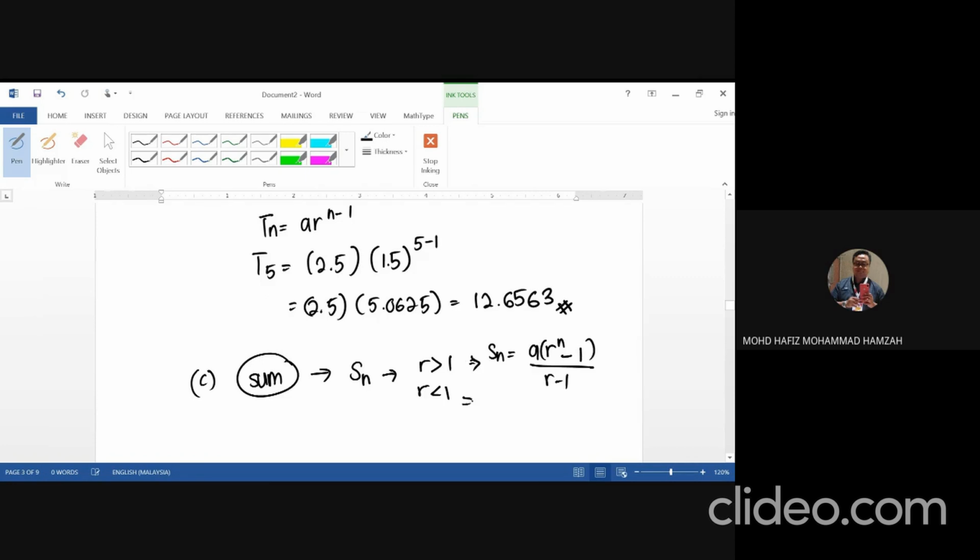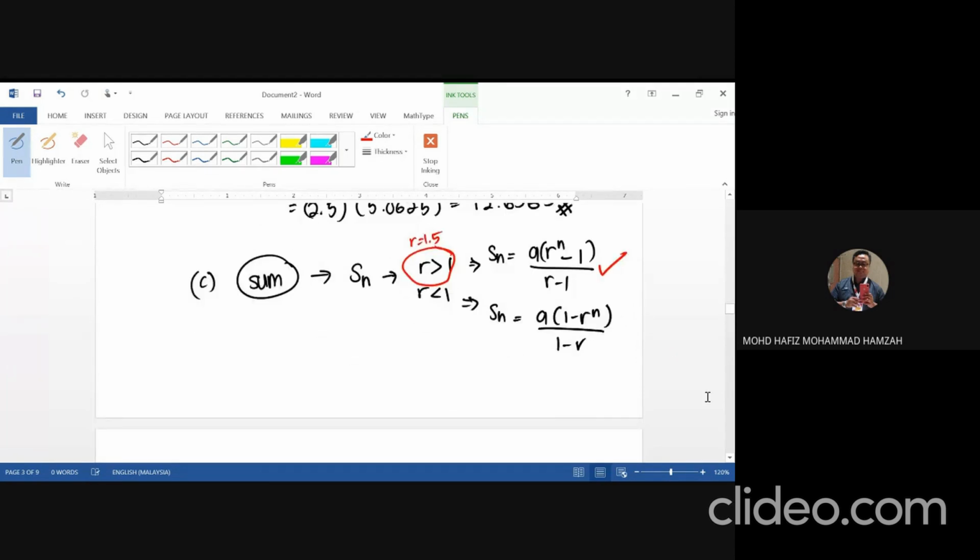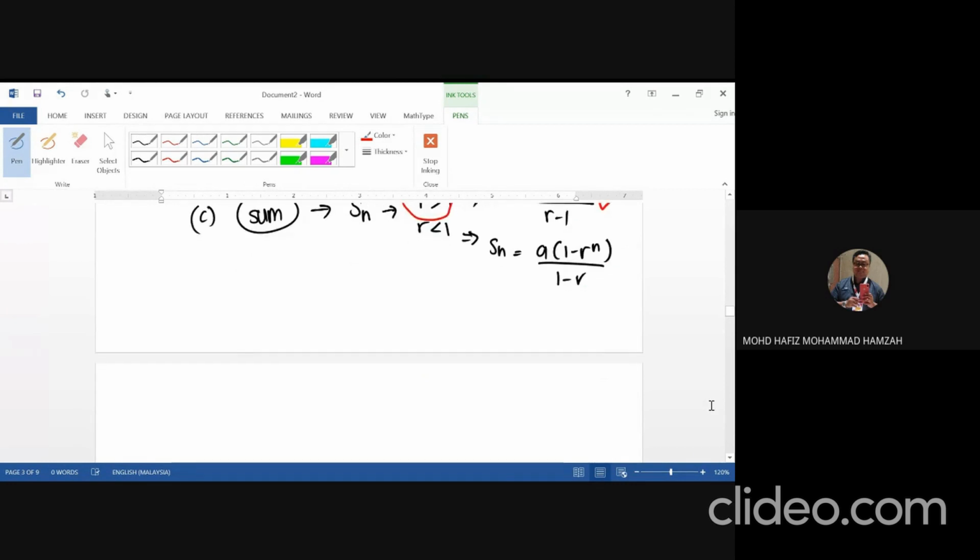Kalau yang ni Sn sama dengan A per 1 tolak R. So it is R greater than 1 sebab kita dapat 1.5. R kita adalah 1.5. So greater than 1, that means we have to use this formula lah. Okay, so providing that we have A dengan R tadi kan.